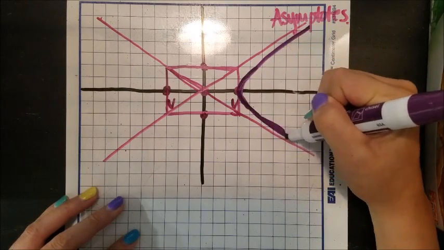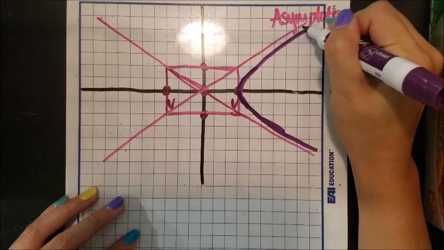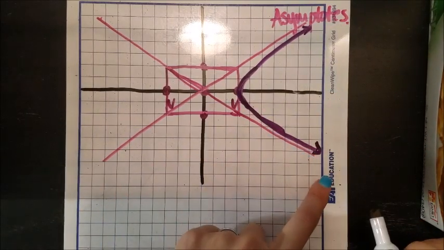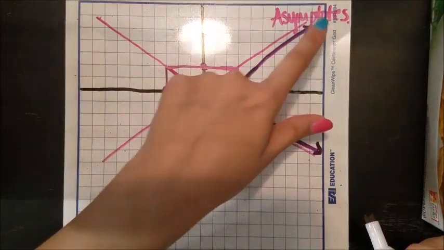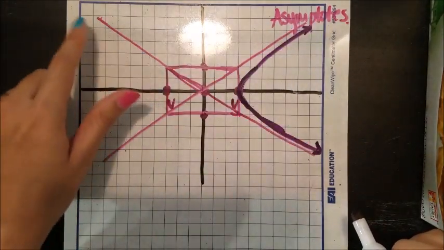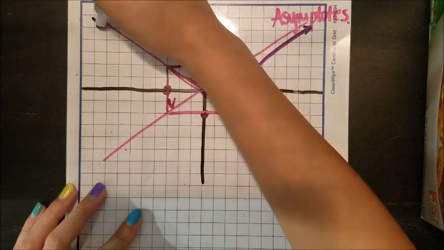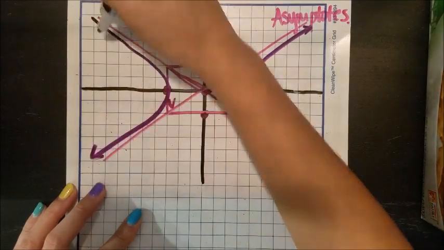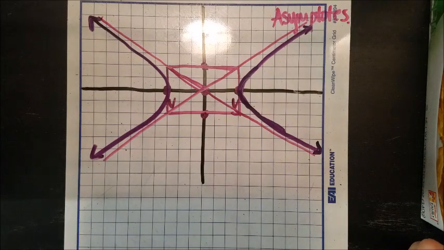But then as it goes outwards, it gets closer to the asymptotes. So it's going to get really close there, but not actually touch. Same thing on this side. And then we're going to do the same thing on the left. And again, it doesn't have to be a perfect graph, but that's what it should look like.